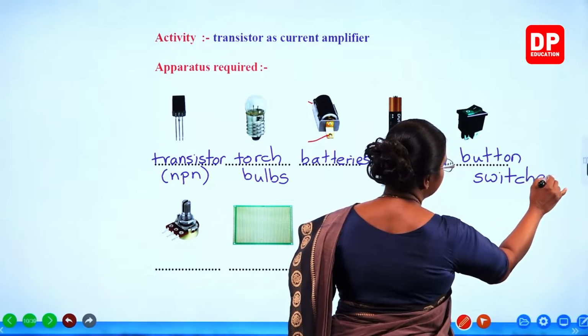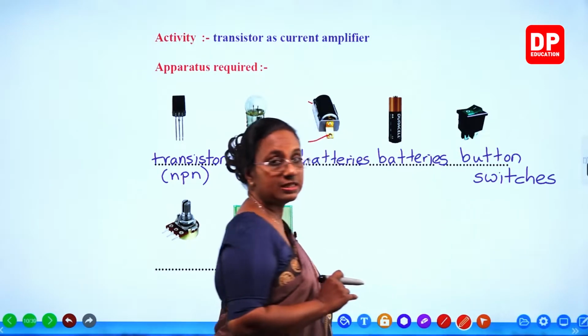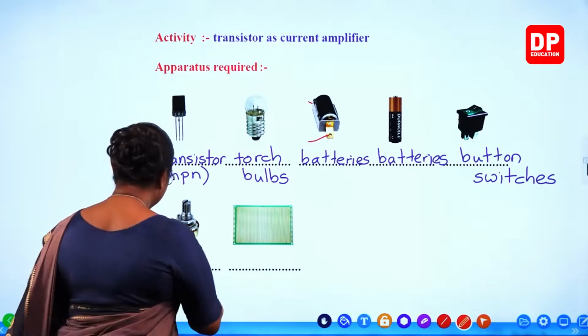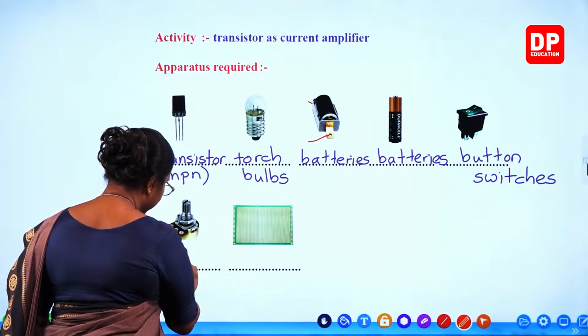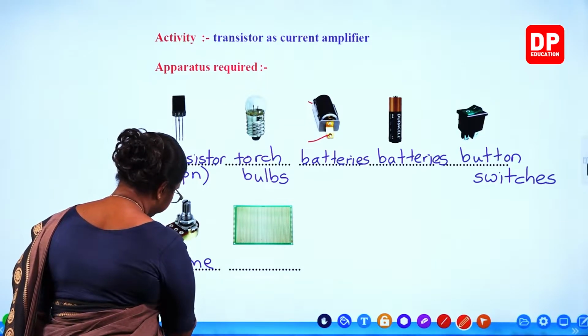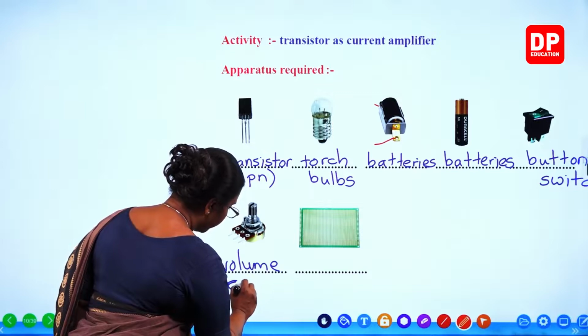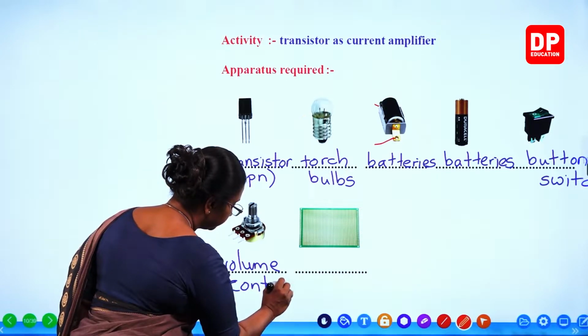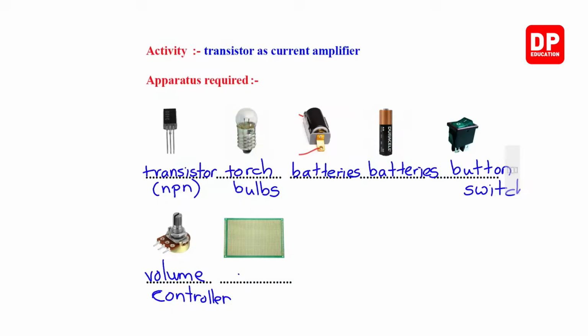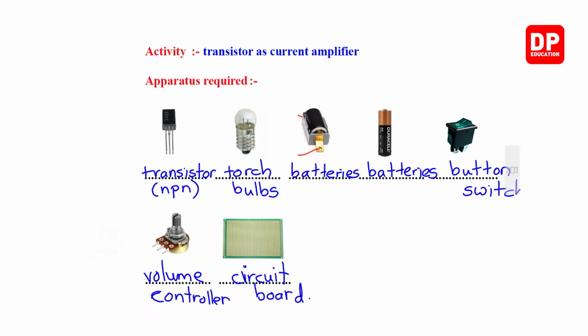These are better, easier to use. Then we need a volume controller as the resistor, and the circuit board. So these are the required apparatus.